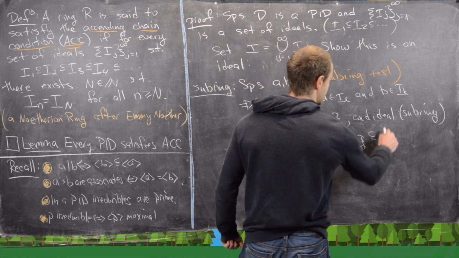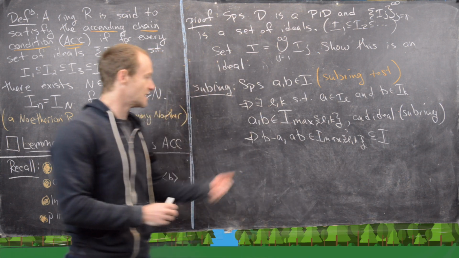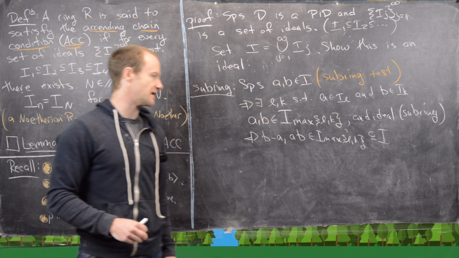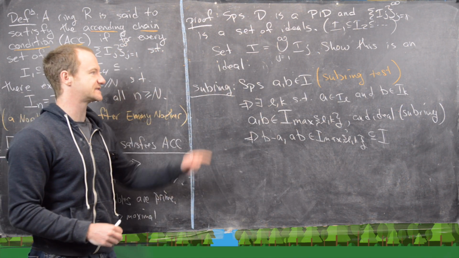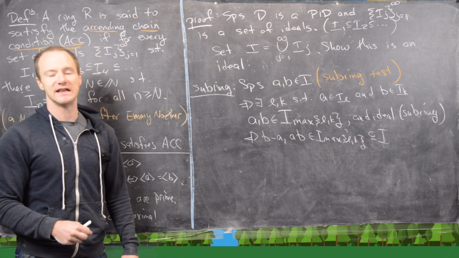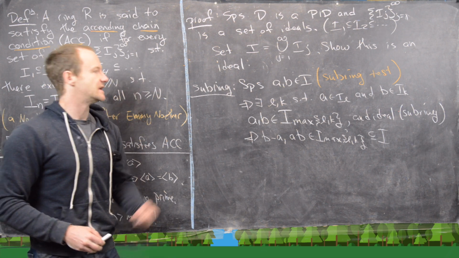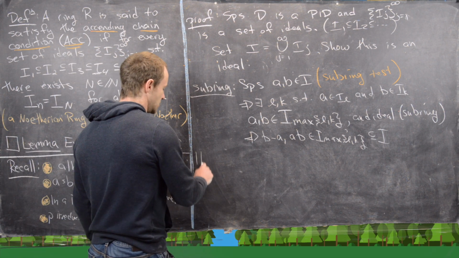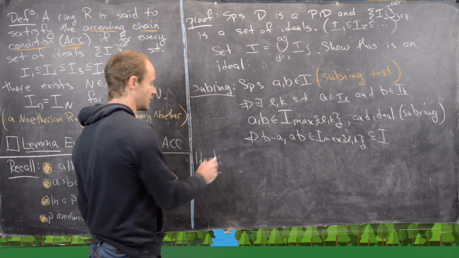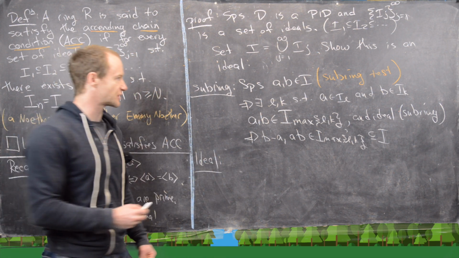But this is a substructure of capital I. So we have the difference and the product of a and b inside of I, which means that it is a subring. Now let's show that it has the other property of being an ideal, the absorption property.